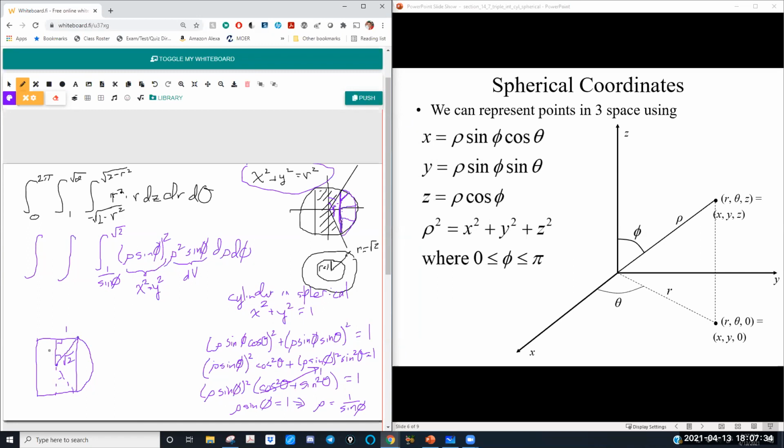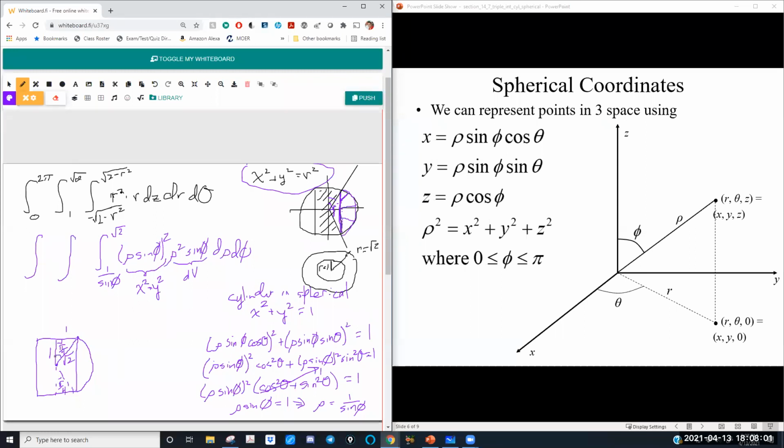By the Pythagorean theorem, this side has to be 1. So we've got an isosceles triangle, which means this angle in here has to be pi over 4, which means this angle also has to be pi over 4. So our lower limit on phi is pi over 4.